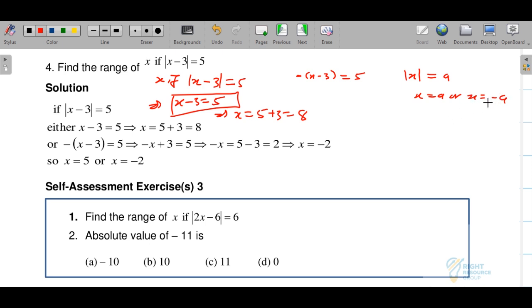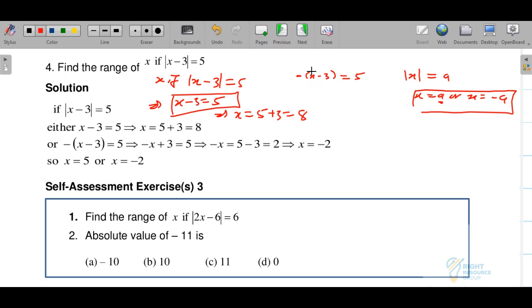Or minus x is equal to a. So this is what we said earlier on. So taking x minus 3 here to represent the a, the positive, then this represents the negative, right? So we have the negative here.